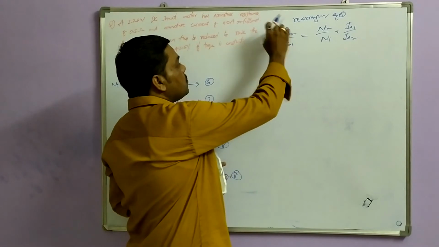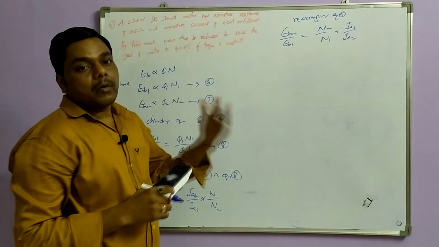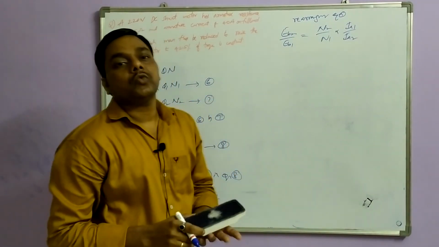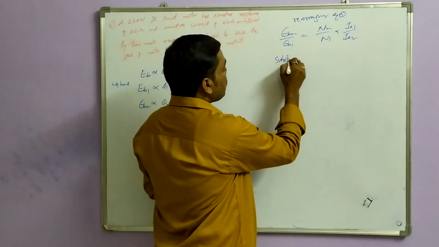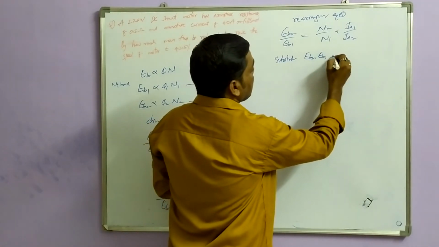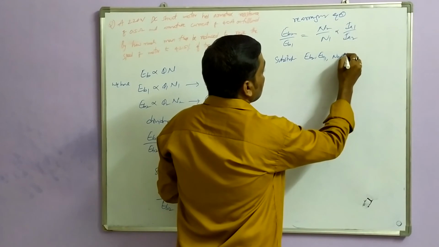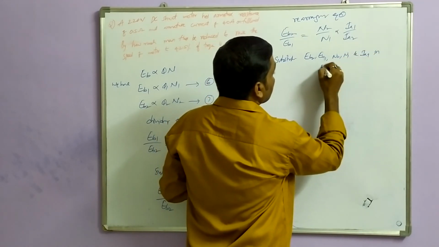What is EB2? We calculated EB2 in terms of armature current 2, and EB1 is calculated, that is 200 volts. Now substituting EB2, EB1, N2, N1 and Ia1 in the above equation.